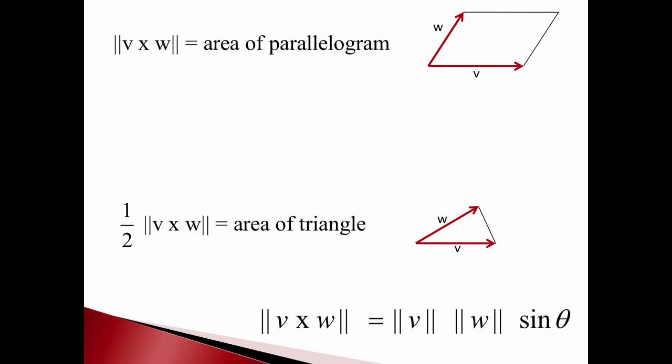Then there's usually a question to find something that you use the cross product for. It might be find a vector perpendicular to the two that I gave you. Or it might be just find the cross product. Or it might be find the area of a parallelogram spanned by these two vectors, which means you have to find the cross product and then find the norm.